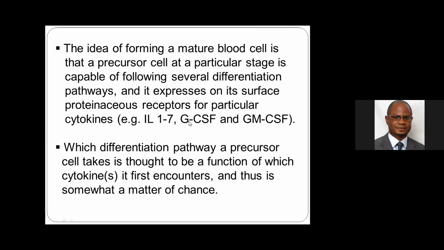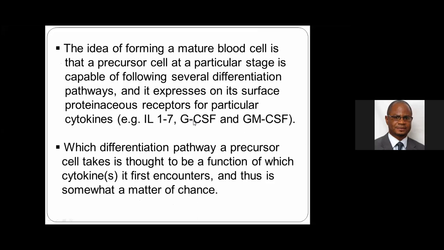So depending on which of the cytokines the cell is exposed to, it will become that particular cell. And this is a matter of chance. But the chance is enhanced based on the body's requirement. Based on the body's requirement, it will increase the amount of growth factor that it wants cells to become, so that the chances of them encountering it will increase.